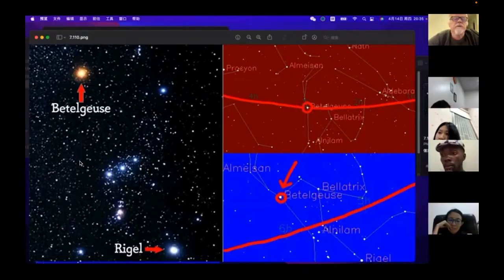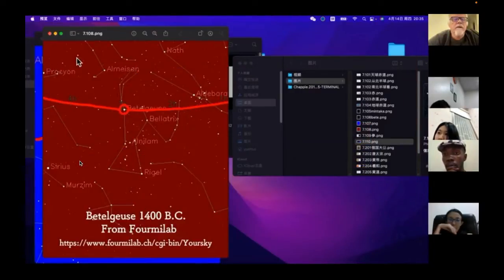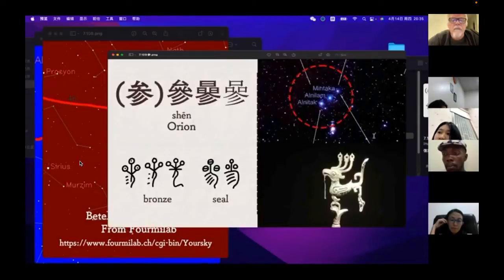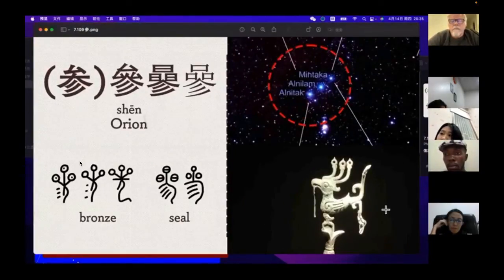这个是我发现的。这个参加的参，有的时候读申，这个是一个星座。This character represents a constellation called Orion. Sometimes it's pronounced Chan.